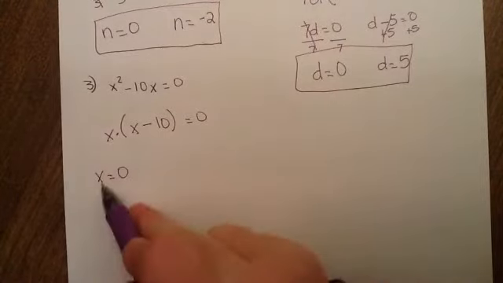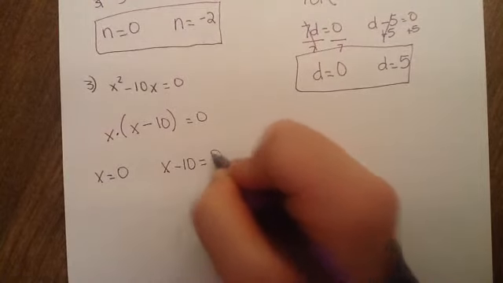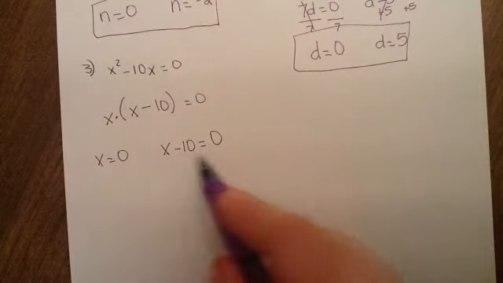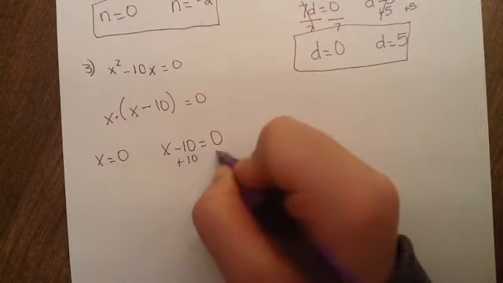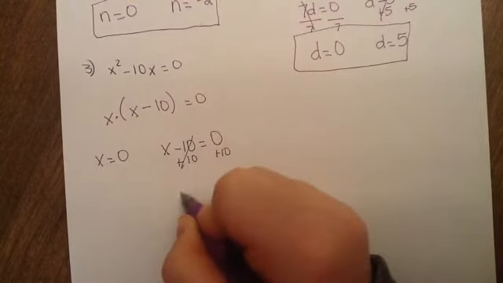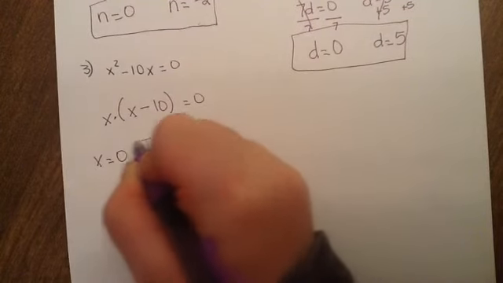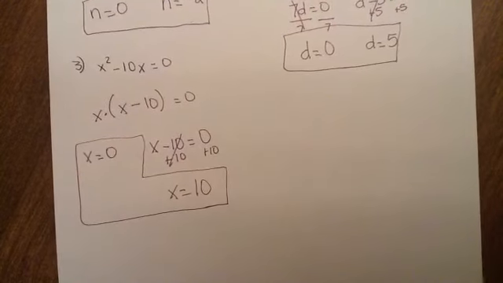So the front part equals 0, or this inside part equals 0. This one's already solved for us. What do I have to do here? Add 10 on both sides. X equals 10. So my two options for x are 0 and 10. Factor, set both pieces equal to 0.